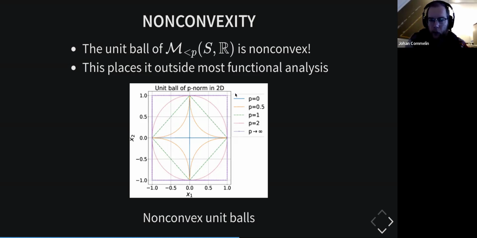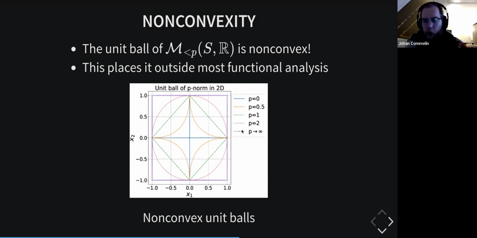So here's a picture of what happens in the two-dimensional case. When p is 0, you just get the axis cross. When p is a half, you get this orange shape, which is non-convex. When p is equal to 1, you get the square, which is just convex.